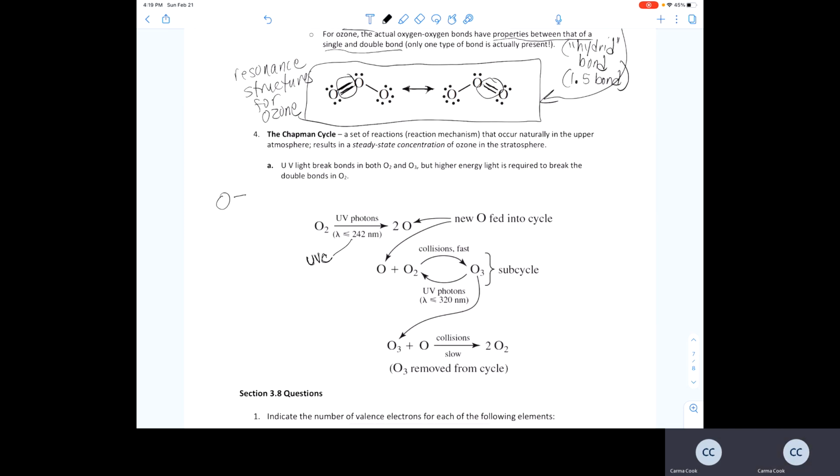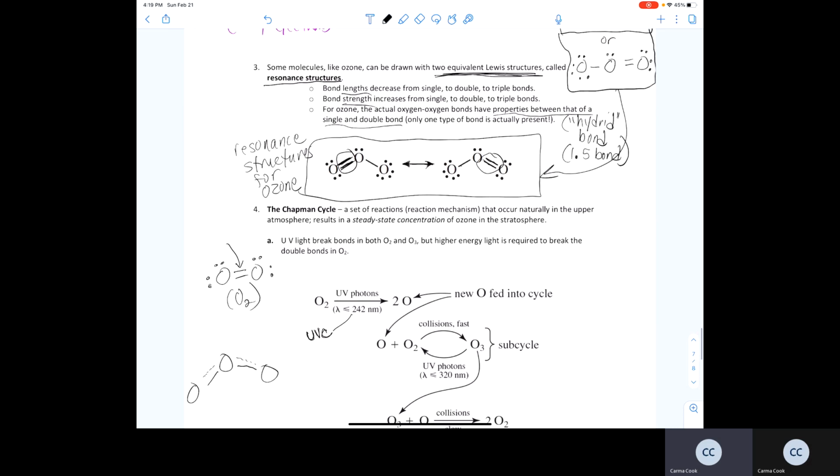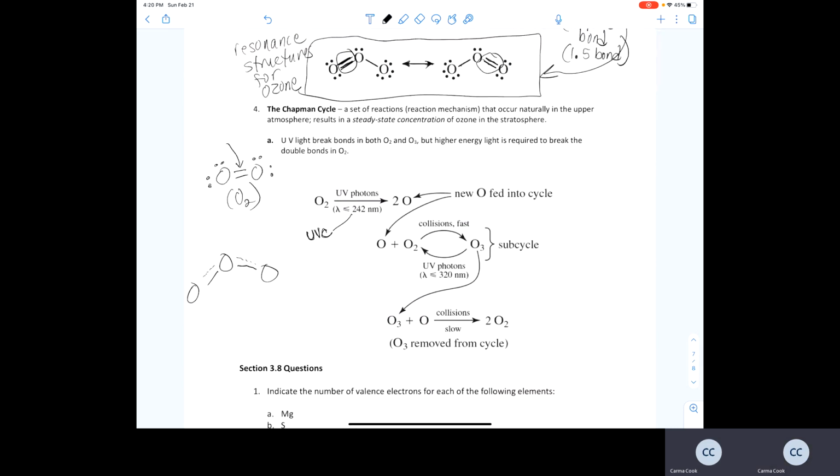So oxygen's Lewis structure, as we recall, consists of one double bond, whereas ozone, O3, consists of a single bond and a double bond, which we say is really a hybrid bond. And so therefore, we can define what's called bond order, which is related to bond strength.